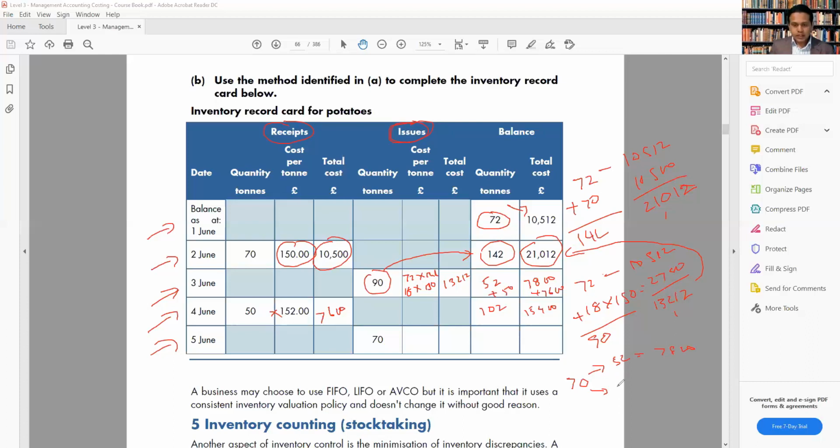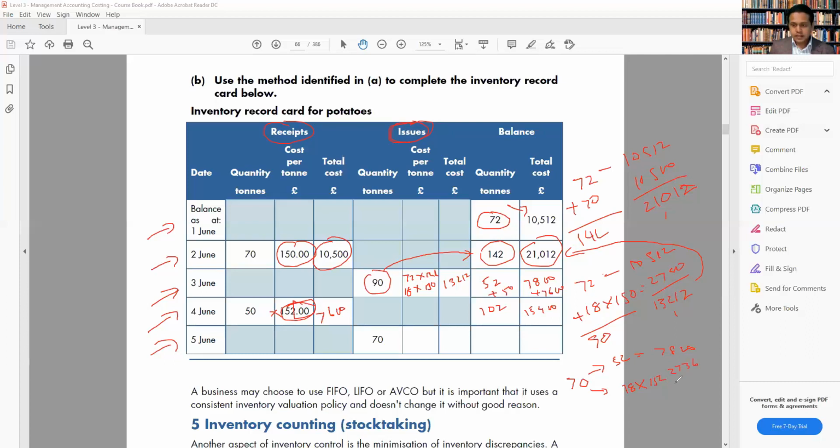If you have 52, then we need 18, and the cost will be 152. 18 times 152, 2,736. Thank you, Nazia.